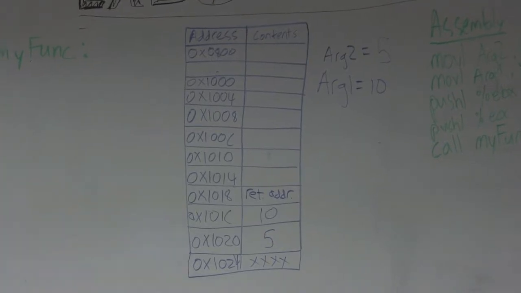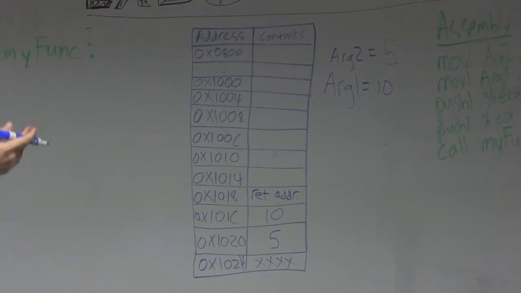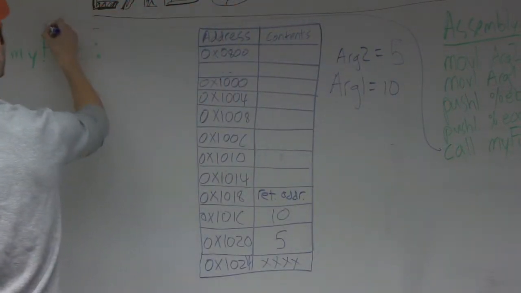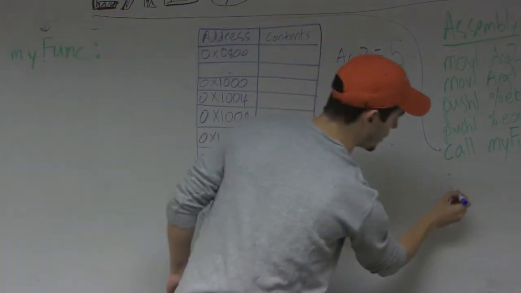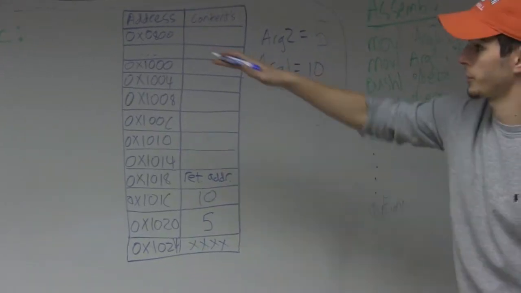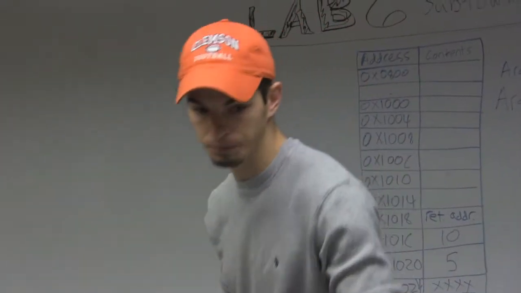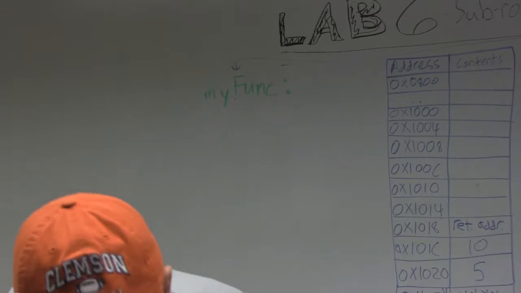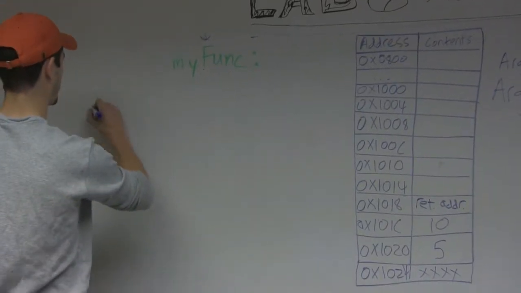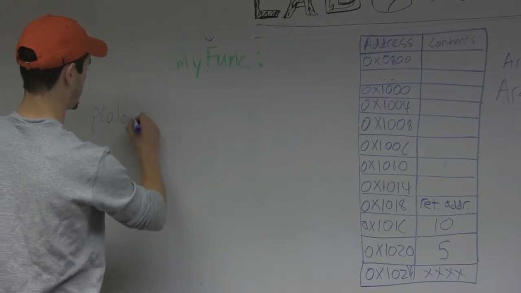So now, with whatever code maybe here, we reach the label myfunc, which is right there. So now we are ready to write the prologue of the function.